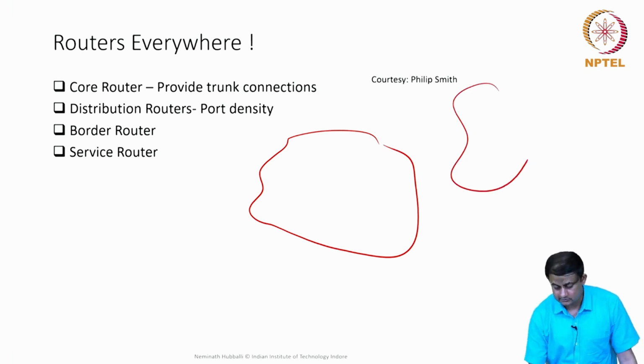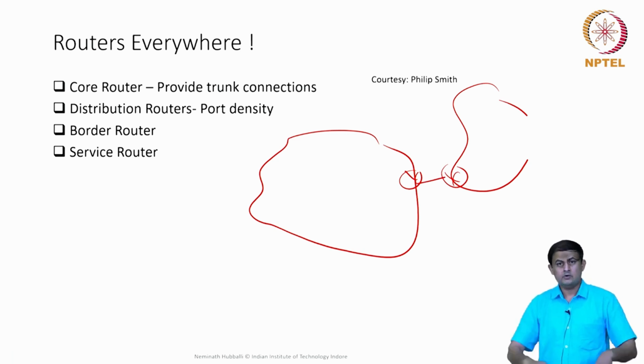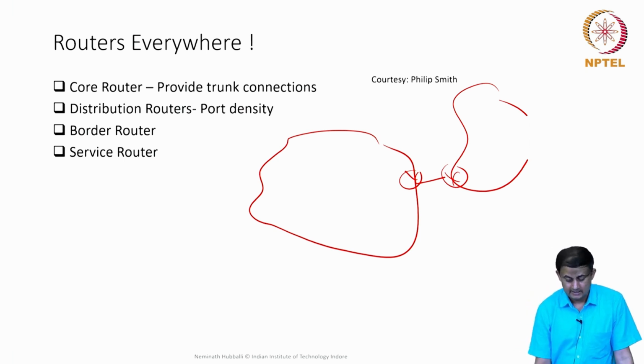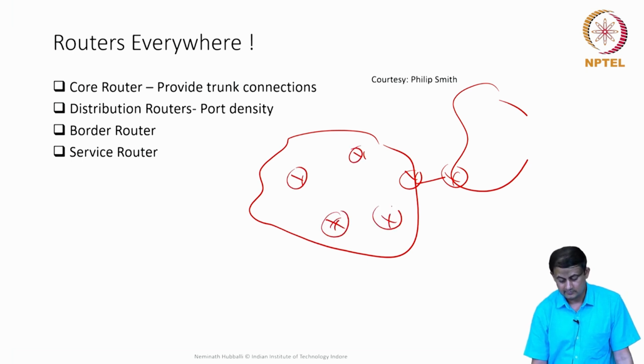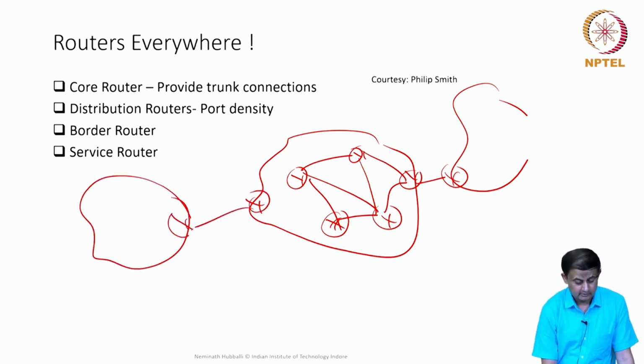The border routers are sitting at the boundary between two networks, two autonomous systems. One entire internet service provider you can also think of as an autonomous system, and in between these there are many routers. They are also interconnected in some fashion, something like this, and this one might be connected to another border router, and something like this.